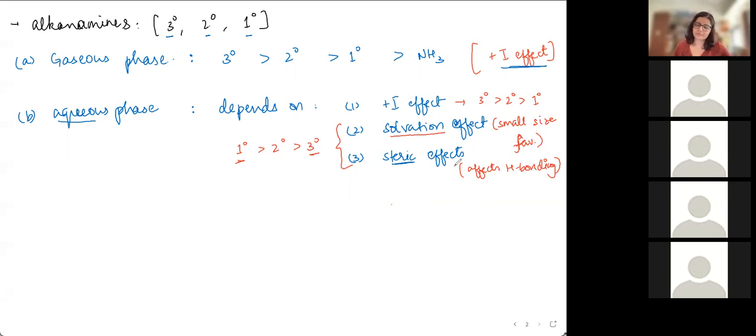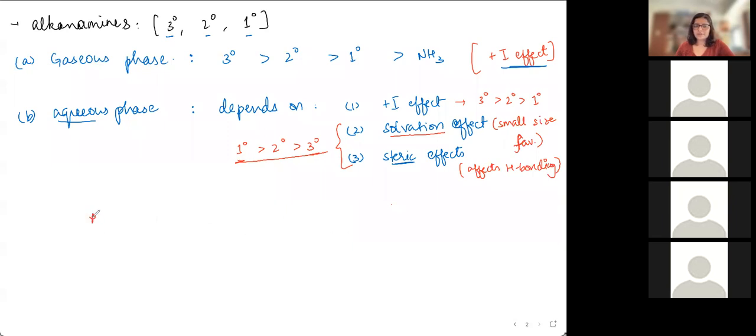If fewer molecules are dissolved, the ionization is lesser, which is why it is the reverse because of these two. So whenever you're comparing a set of amines, you need to figure out how dominant the plus I effect is going to be, how dominant solvation is going to be, and how dominant steric effects are going to be. You need to take it on a case by case basis.